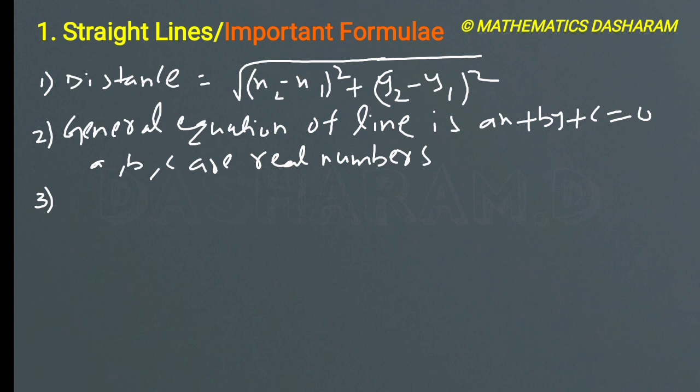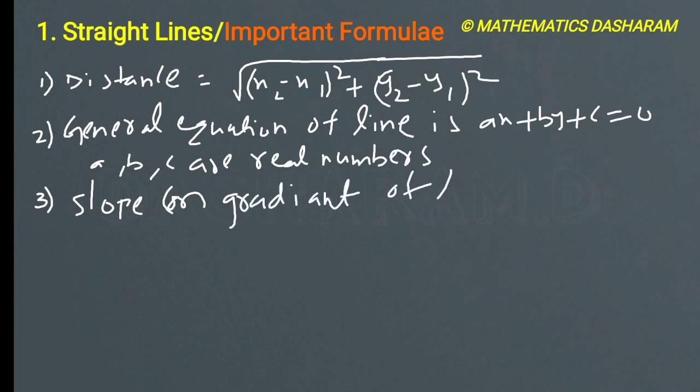Next, the third one is slope, or gradient. Another name for slope is gradient of a line. For the line ax plus by plus c equals 0, the slope is minus a by b.